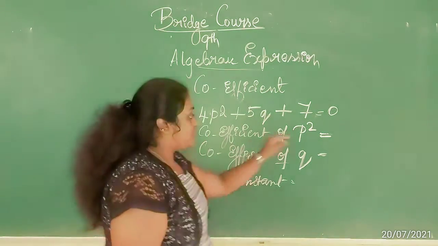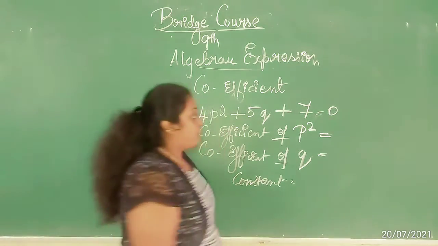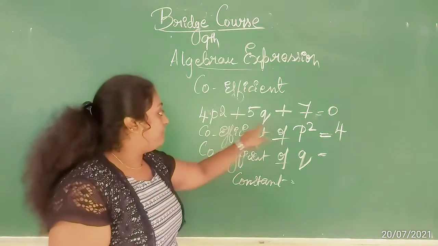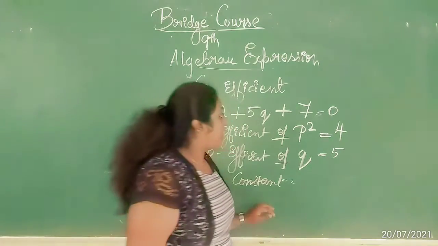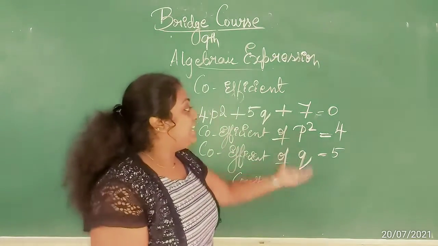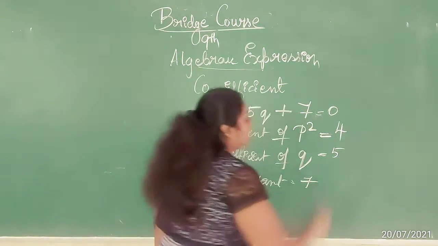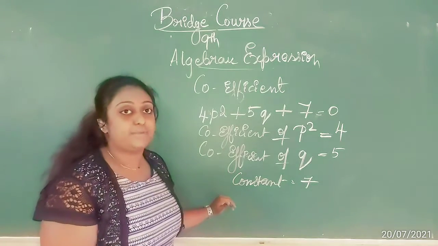What? Coefficient of p square is what? What is the number before p square? It is 4. Next, coefficient of q. What is the number before q? 5. And what is constant? Constant means without any alphabet. That is 7. So write 7. So now you understood how to write the coefficient of your algebraic expression.